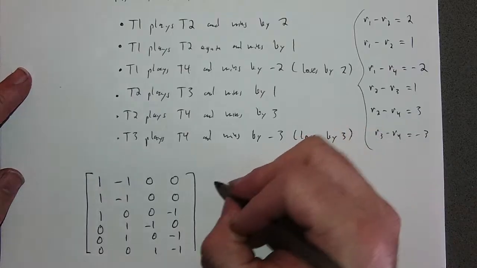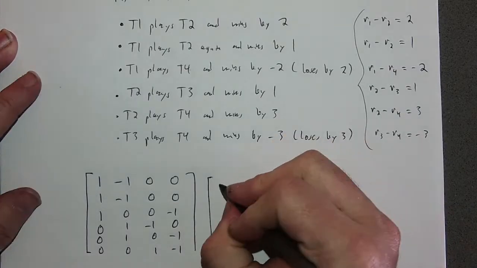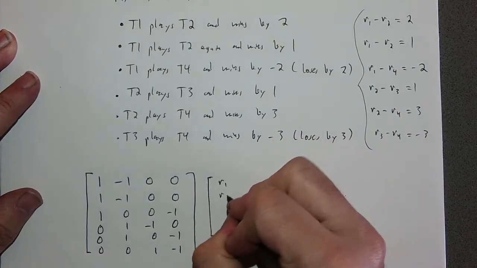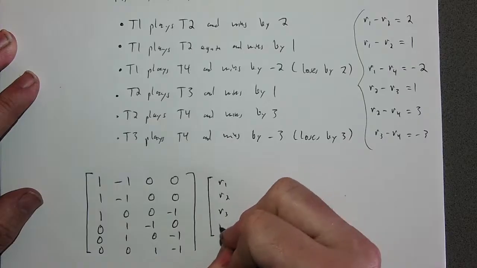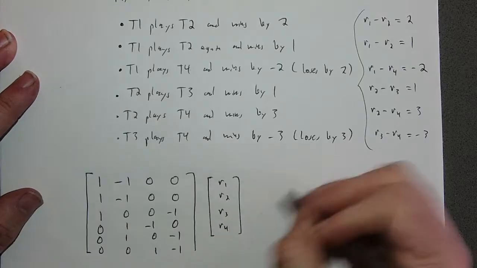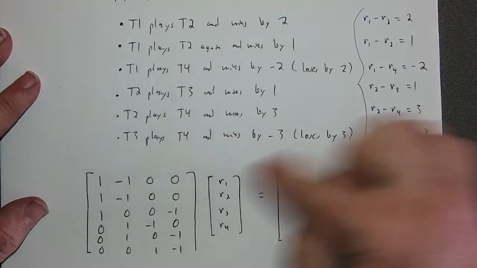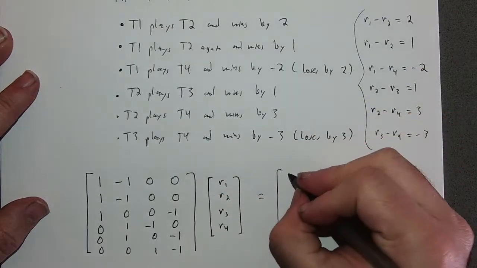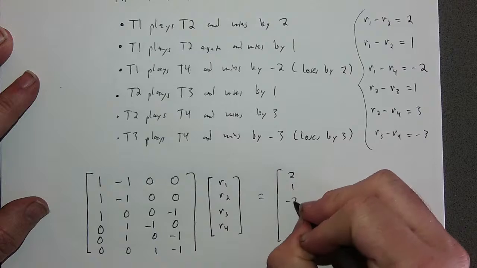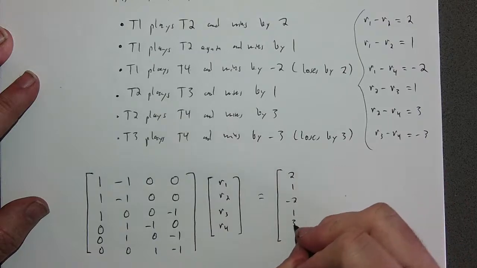That is, of course, multiplying the unknown vector r1, r2, r3, r4. And that is equal to the vector containing all of the point values. So this would be 2, 1, -2, 1, 3, -3.